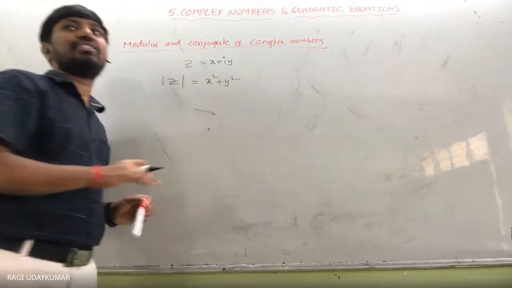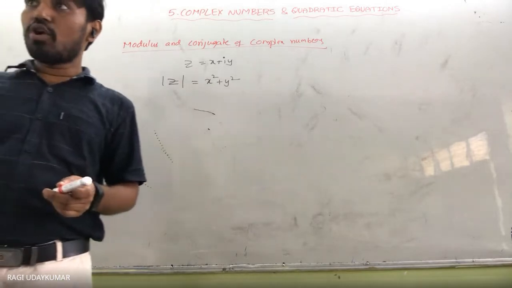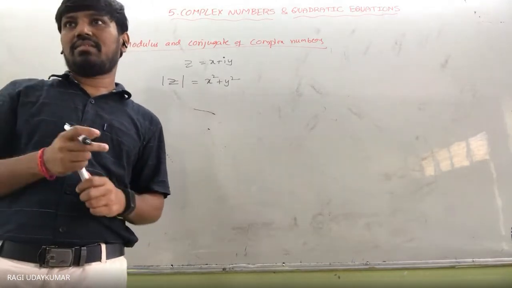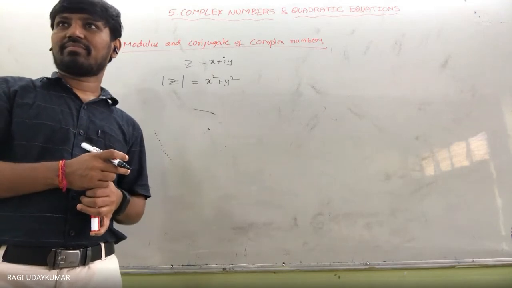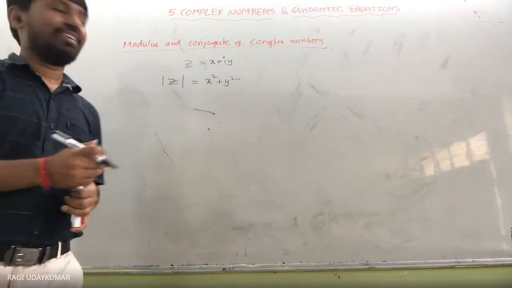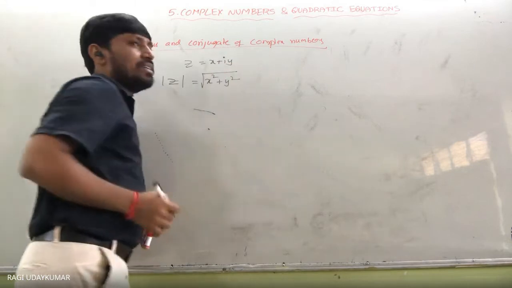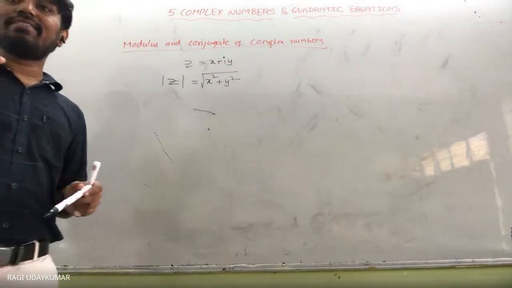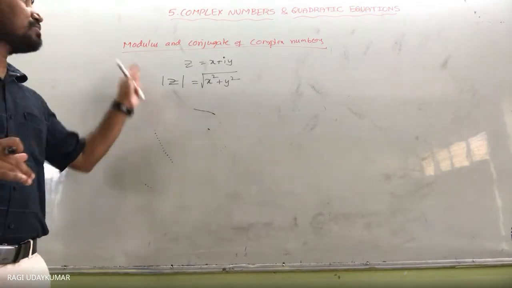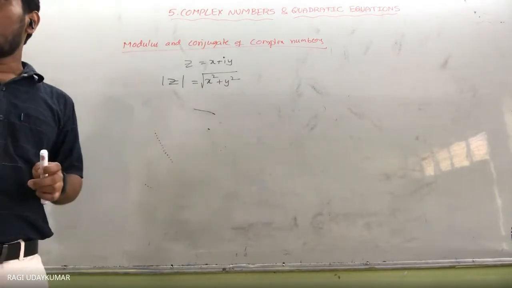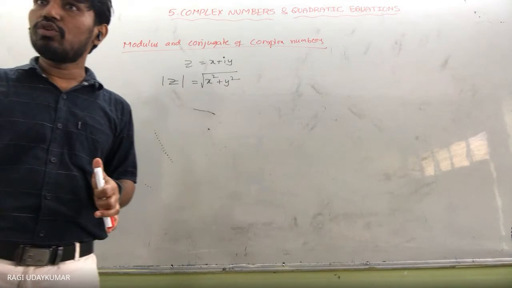So this is the definition of the modulus of a complex number. Modulus is denoted by the number placed in between two vertical lines.